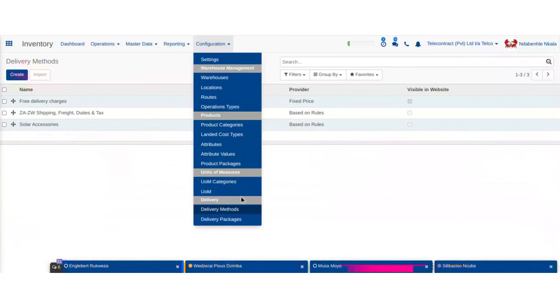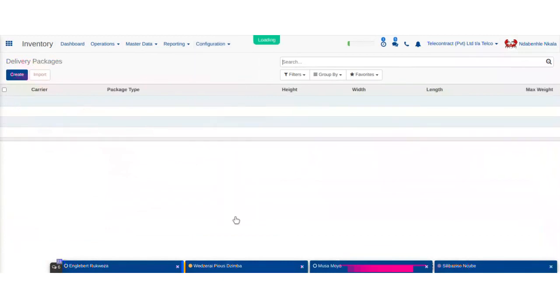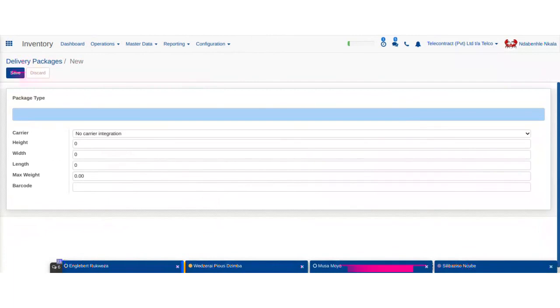All right. Then packages, again, maybe not so big, but now maybe with the solar, it may be an area we may want to look at. Basically we're asking how do we package our items or our warehouse deliveries. You can create and specify a box. So if we bought some boxes which we'll be using for packaging different goods, we can specify the width, height, length, and the maximum weight.